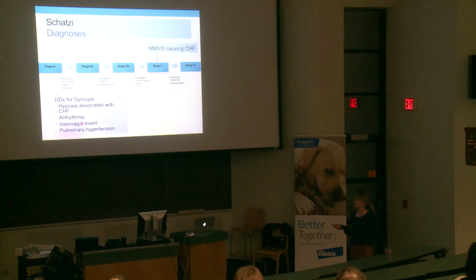Could these events be so-called vasovagal, meaning she either has a surge of vagal tone or sudden withdrawal of sympathetic tone, which is something we commonly see in our heart patients, and that's causing her to peripherally vasodilate and become hypotensive and collapse. The other thing we think about is pulmonary hypertension, which is something we can quantitate with echocardiography.